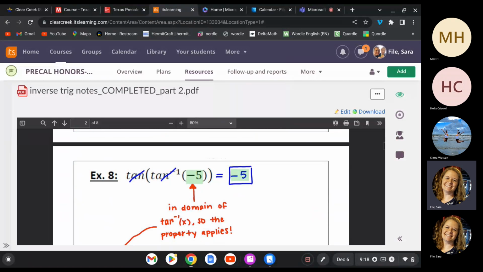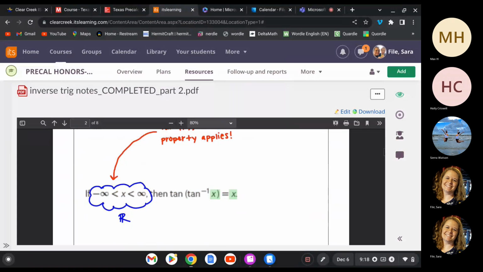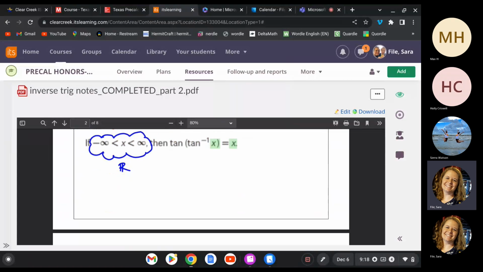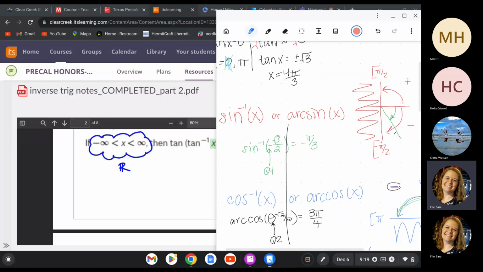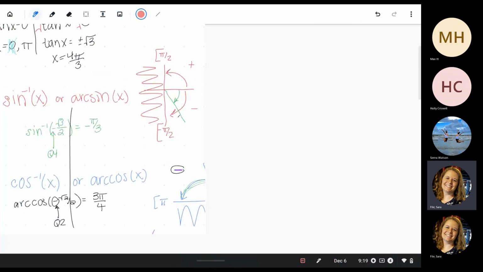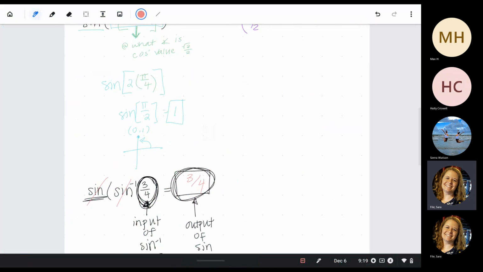Does that help some? Let me see if I can make up some other examples that might help clear that up, because that's a common place to make mistakes.